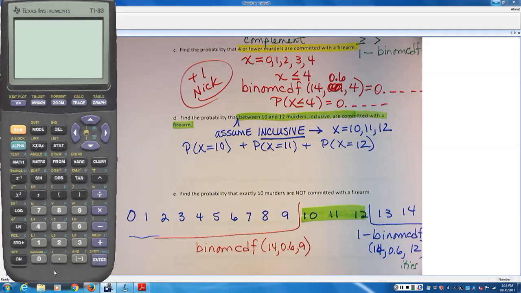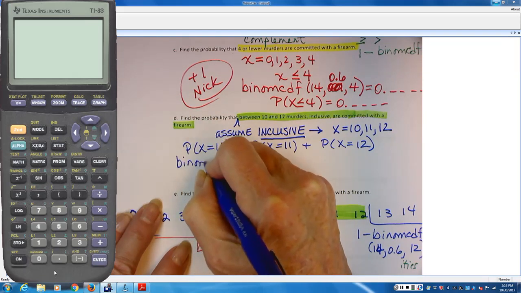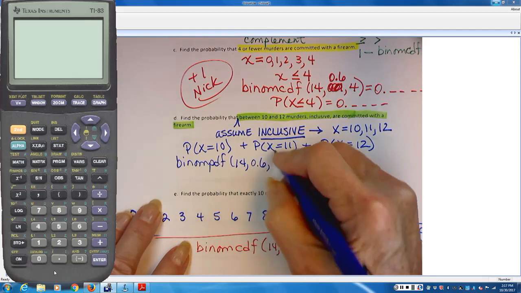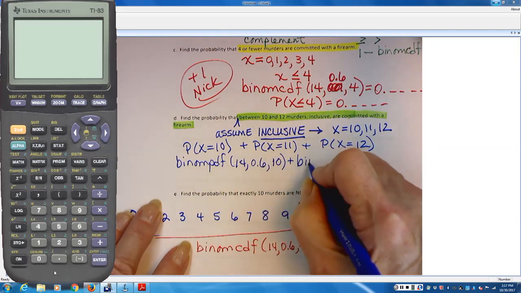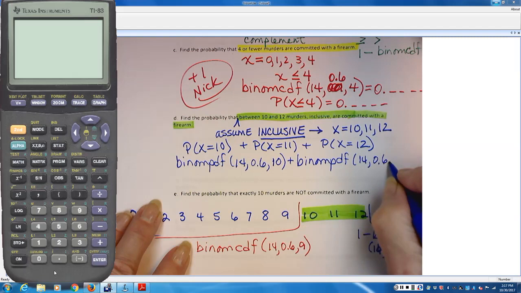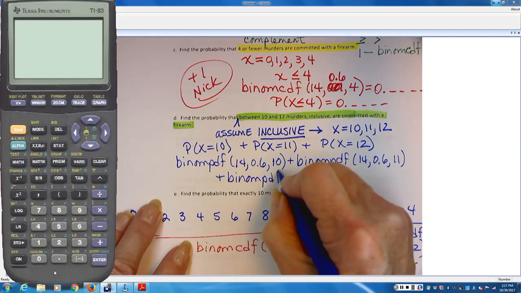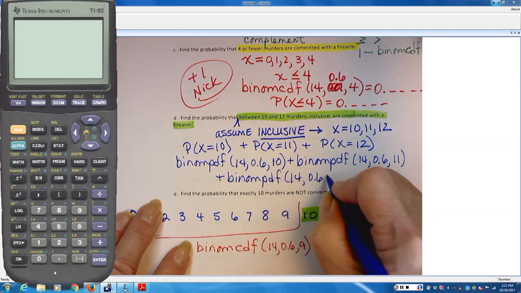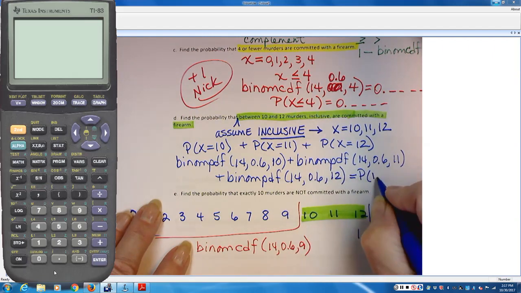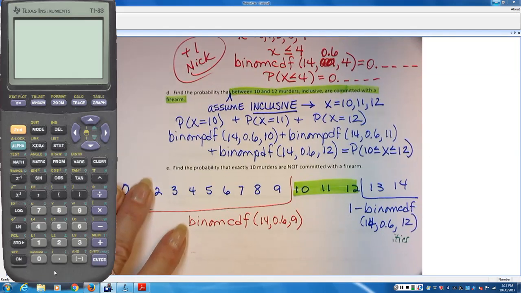So that means you're going to have to do binomialpdf 3 times. And that's the way you write that.